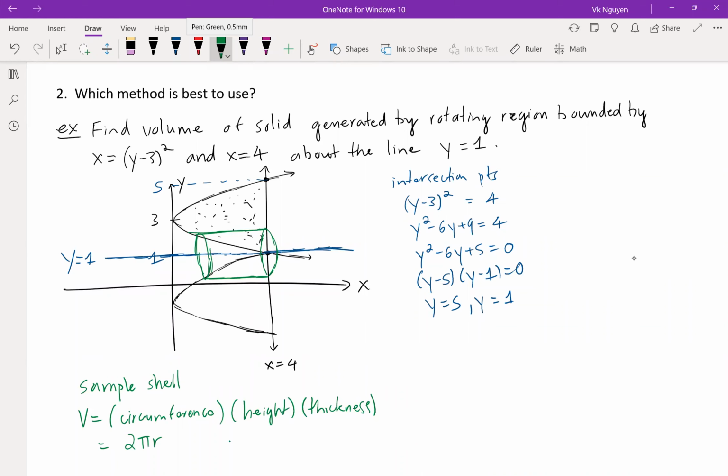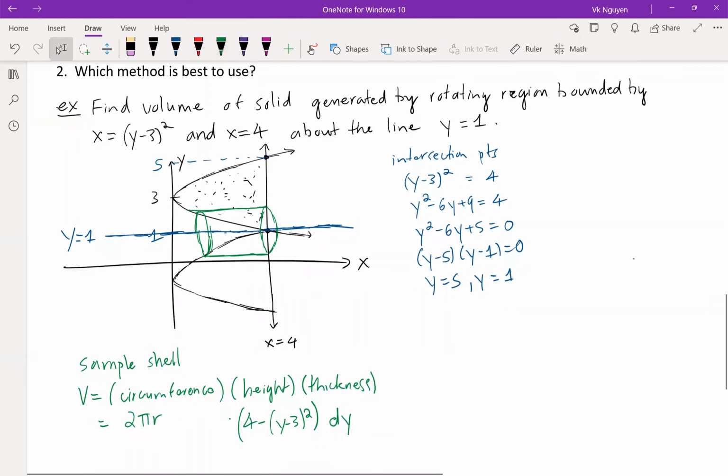The height, if you look up here, is going to be the difference between x equals 4 and the curve, x equals (y minus 3) squared. So that would be 4 minus (y minus 3) squared. When you look at the thickness, well, that is the horizontal stripe. So the thickness is a small change in y, dy.